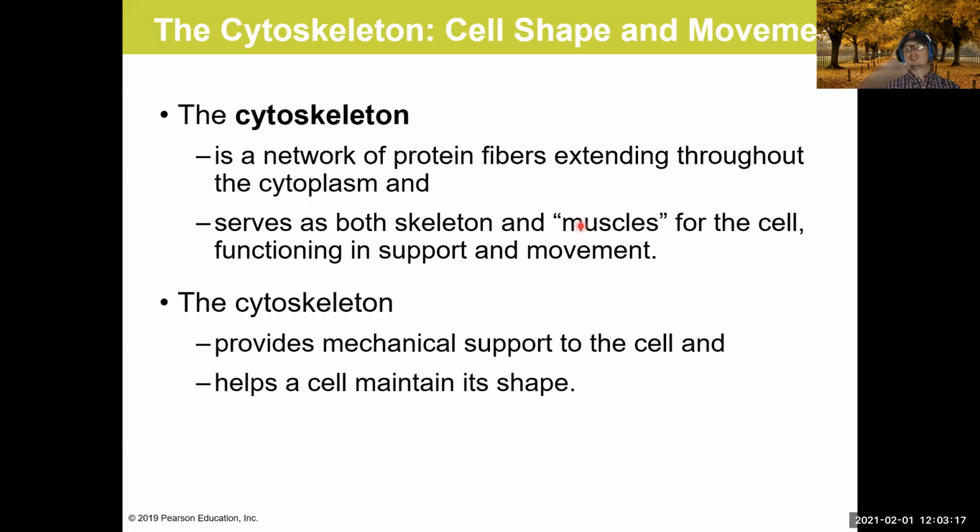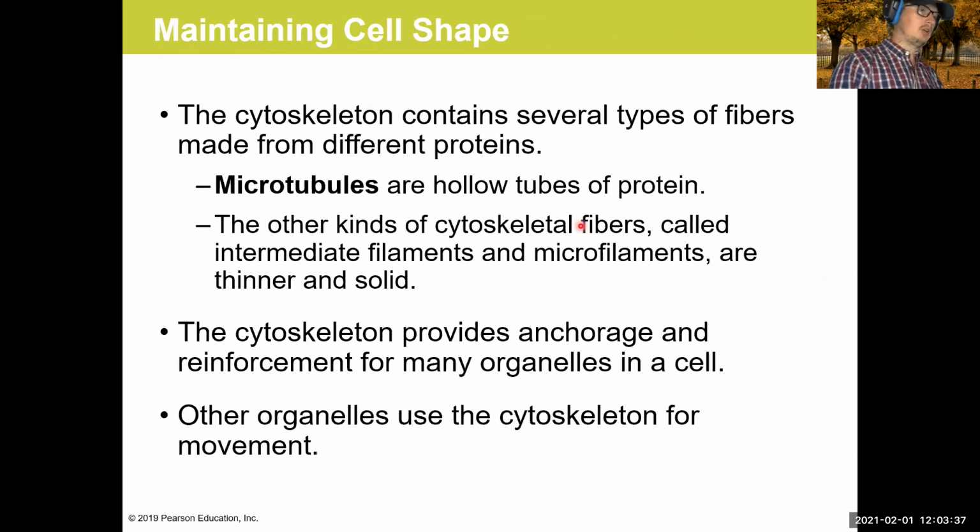And it serves as both something similar to a skeleton and also the muscles of the cell. So it supports the cell, keeps it from collapsing in on itself, but it also helps with movement of molecules and stuff inside of the cell itself.